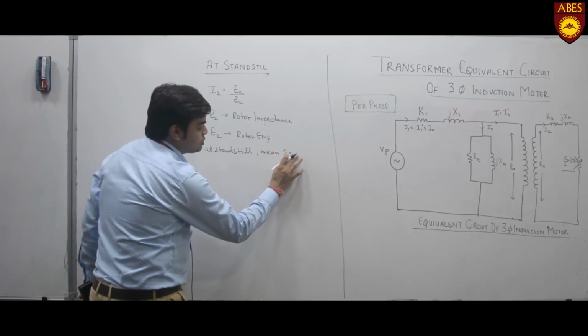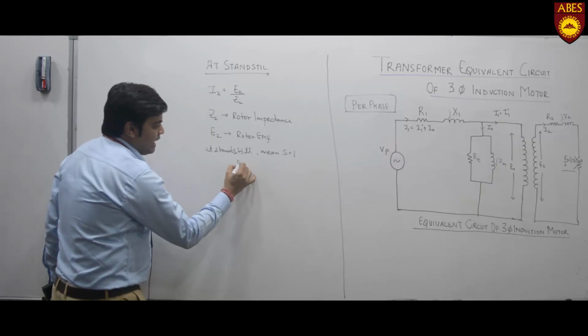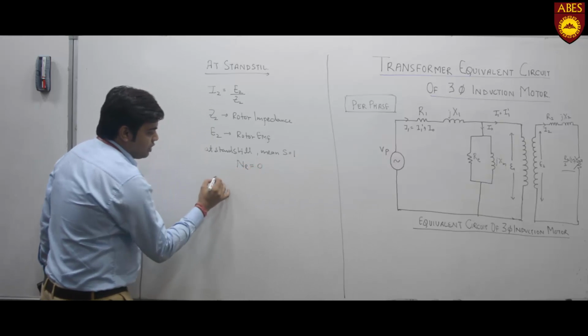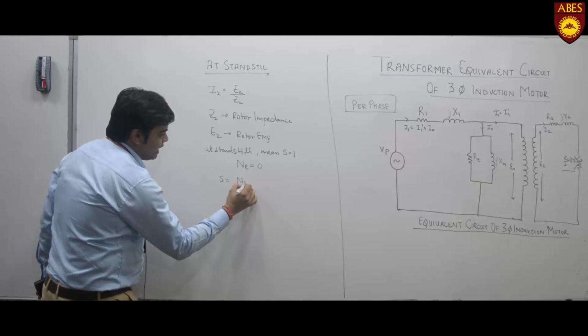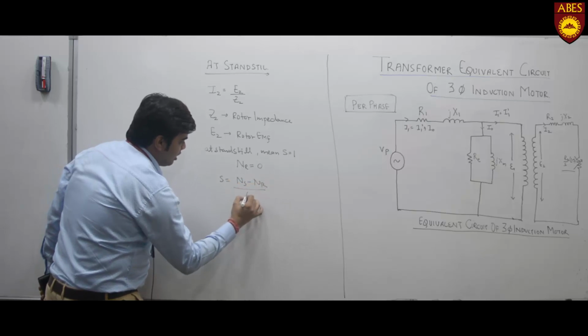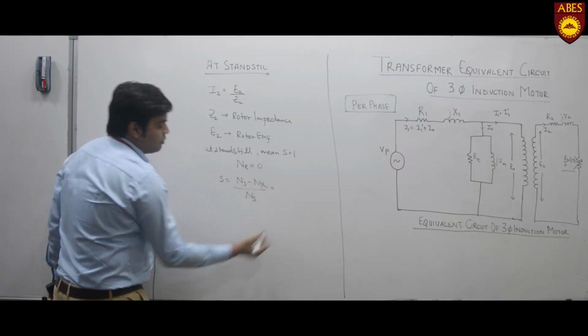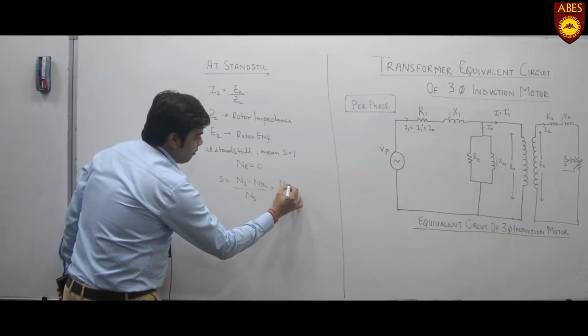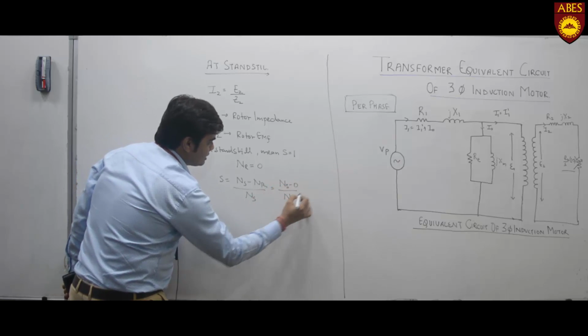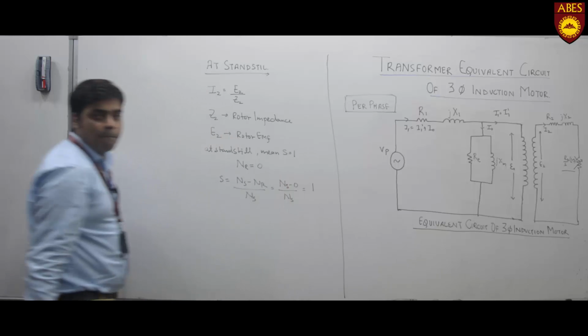Sorry, S is equal to 1. When NR is 0, S is (NS minus NR) upon NS. That will be equal to (NS minus 0) upon NS, and that is equal to 1.